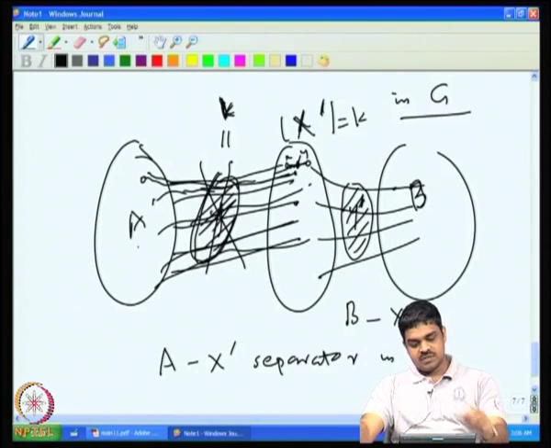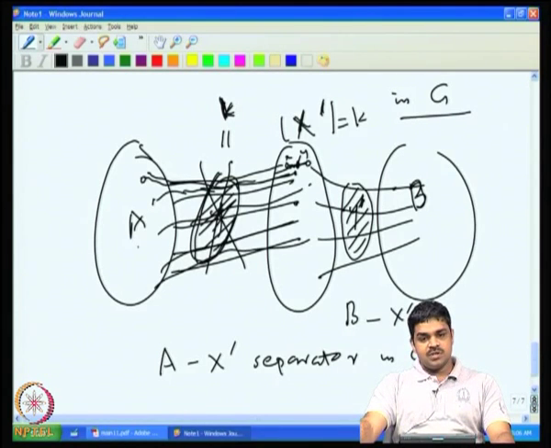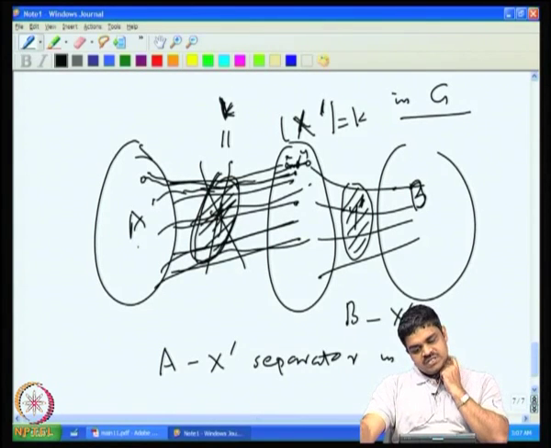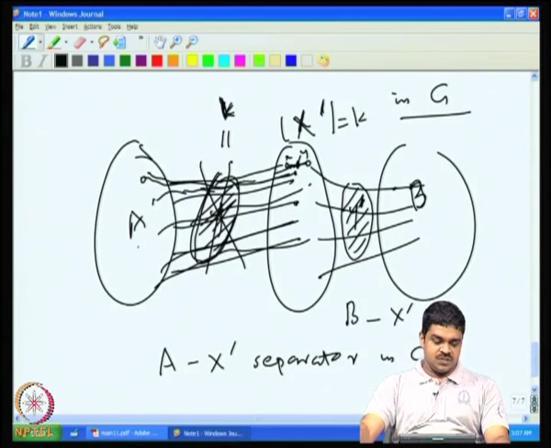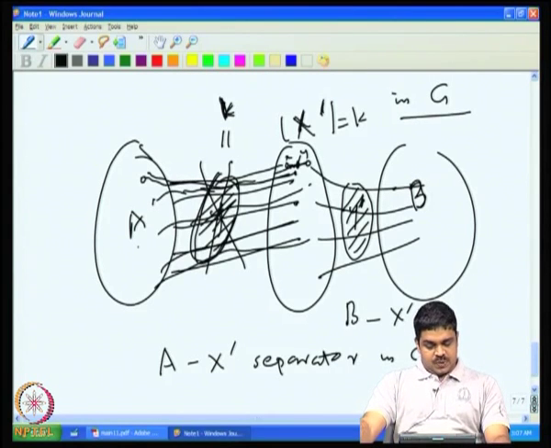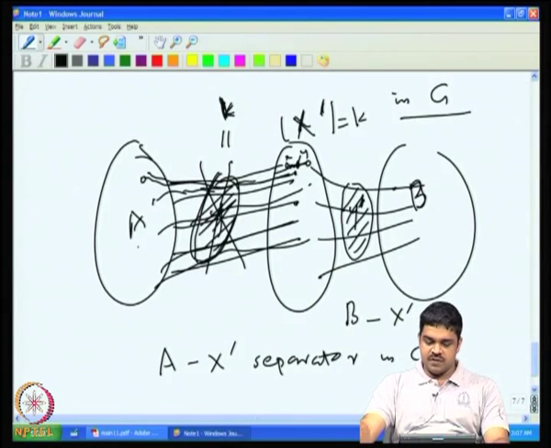If x was not gone, then it is not part of A. Putting a connection between x and y is not going to provide a path from x dash to A. Therefore, whether the edge x y is there or not, y will remain an A x dash separator and y dash will remain a B x dash separator.